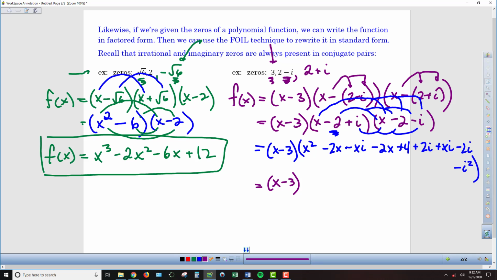So now as I start to clean up this long expression, I've got x squared. Now, -xi has a positive xi here, so those are going to cancel out. I've got a positive 2i and a -2i, so those can go. And then don't forget that this i squared right here is -1.